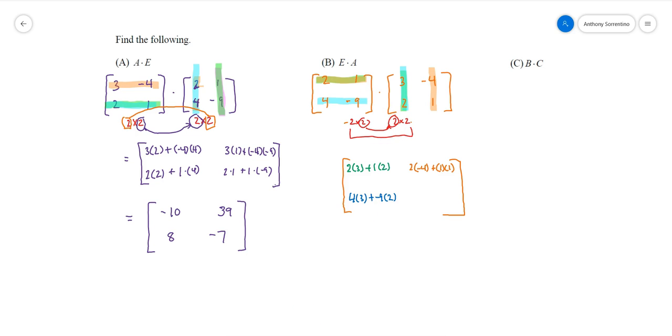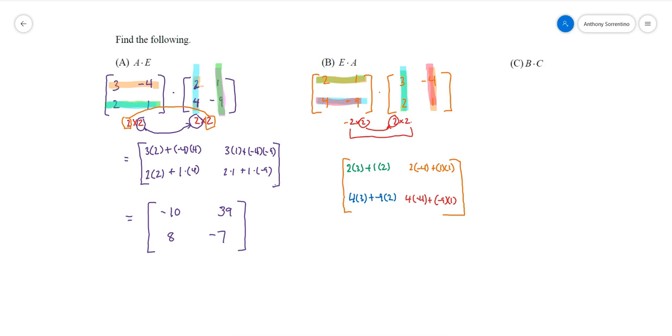And then lastly, I'm going to do row 2, column 2, and there I'm going to have 4 times -4 plus -9 times 1.